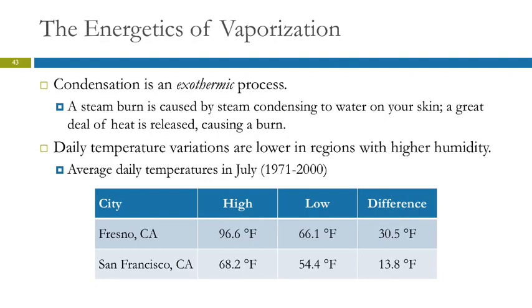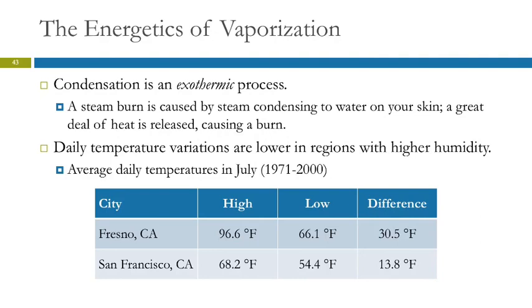Condensation and evaporation is the reason. San Francisco is surrounded on three sides by a large body of water, the ocean and the San Francisco Bay. And what happens is the sun comes down. The sun is what brings us energy, heat during the day. It hits the water, and the water begins to warm up. The water begins to evaporate, and so that absorbs some of the energy from the sun.